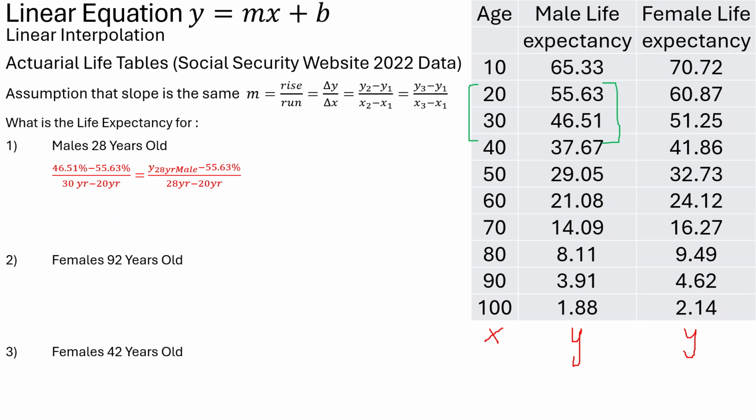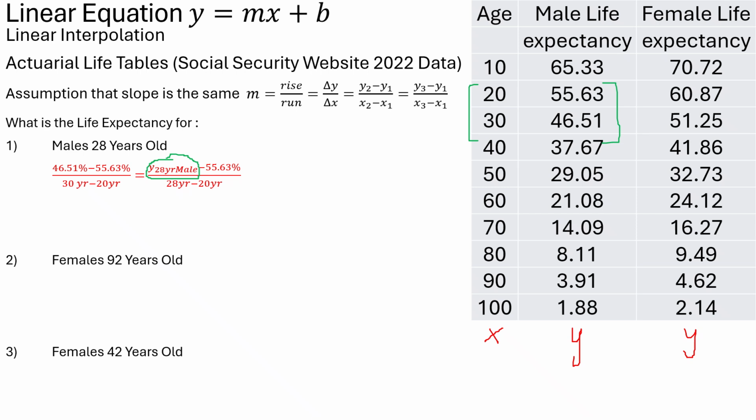Now, remember, the main thing for linear interpolation is that you set it up and you're consistent. It doesn't really matter if for each side the slope is either positive or negative, or if you flip the ratios, as long as you're consistent on both sides, you're fine, right? And what we're solving for is the percentage of life expectancy for males at 28 years old.